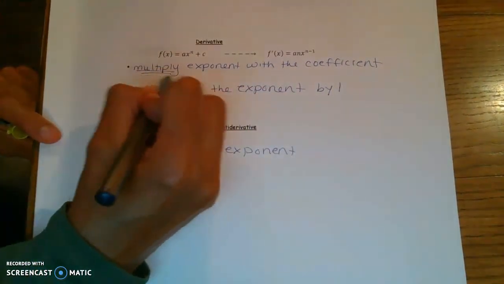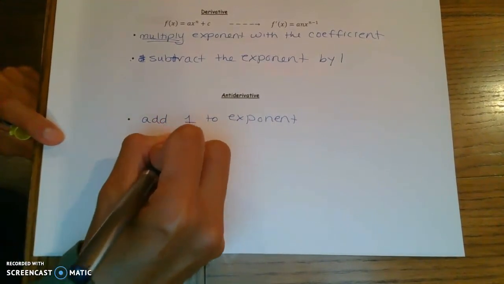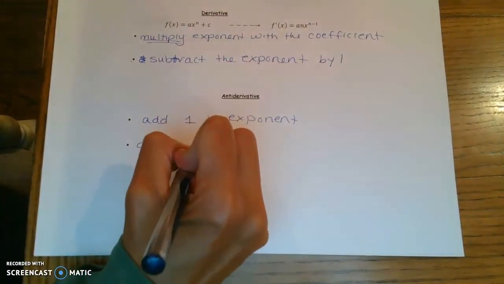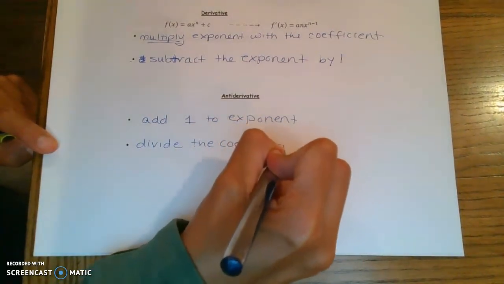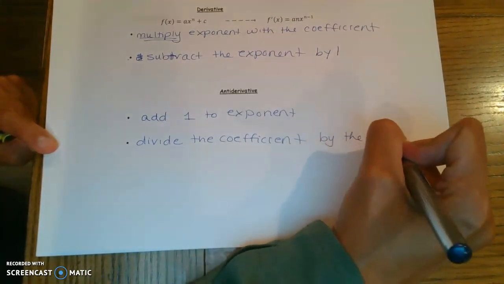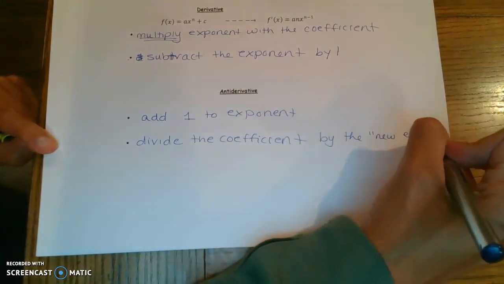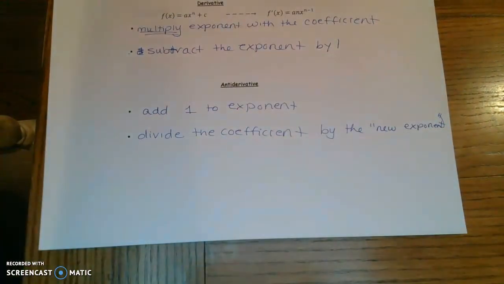Well, instead of multiplying, what are we going to do? We're going to divide the coefficient by the new exponent. Okay, that is the antiderivative process.